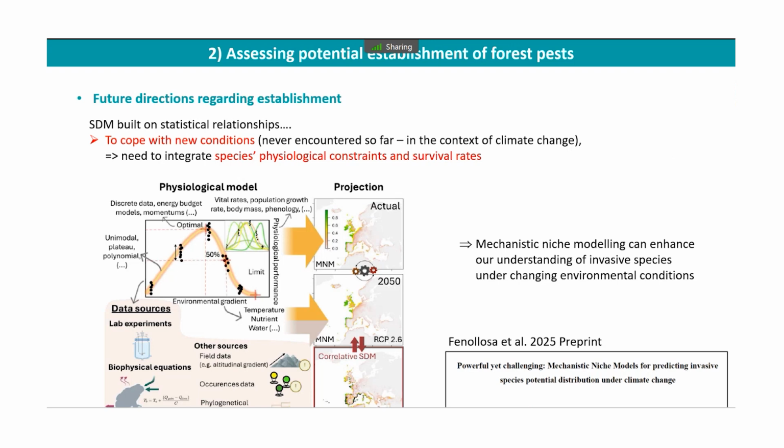So it seems that integrating more mechanistic processes in such models, notably species physiological constraints and survival rates, could help to increase the robustness of these models. Here, this is a preprint of Fenolosa et al. this year, showing that mechanistic niche modeling can enhance our understanding of invasive species under changing environmental conditions.